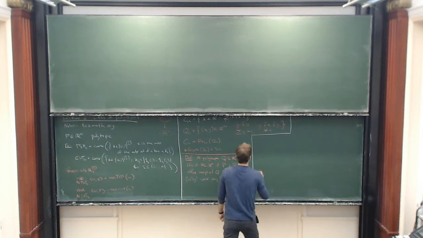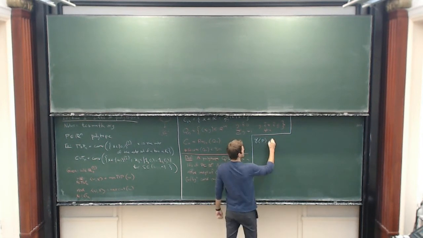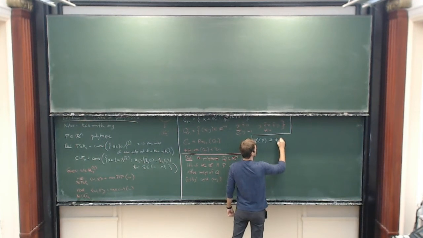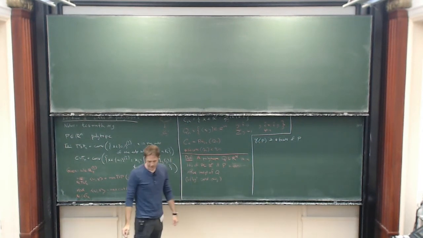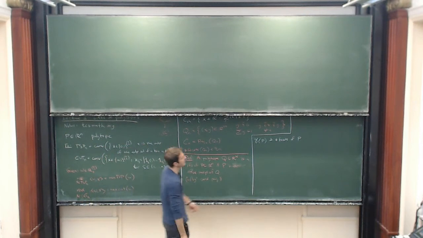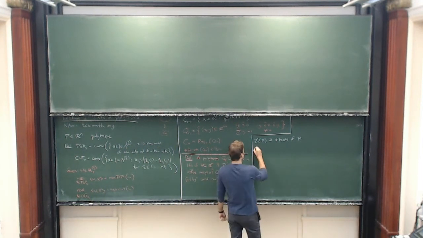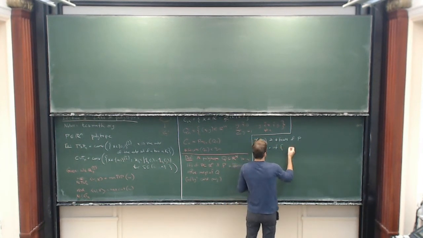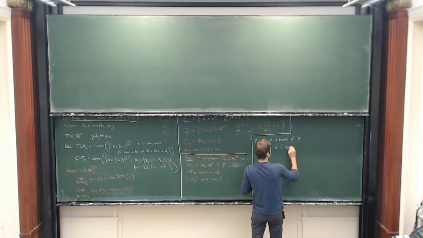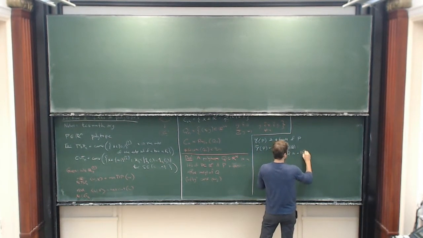Let's define gamma of P. This is the definition: the number of facets of the polytope P. If you think about P as being specified by a bunch of linear inequalities, this is just the minimal number of linear inequalities you need to specify P. And then we can define this lifted version, which is the minimum over all possible lifts of this gamma.